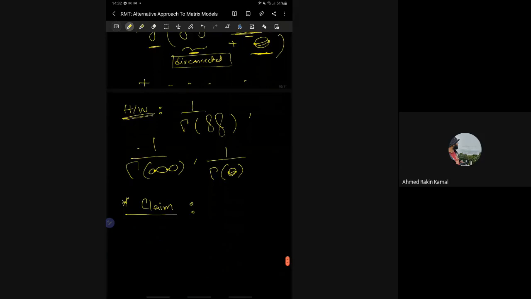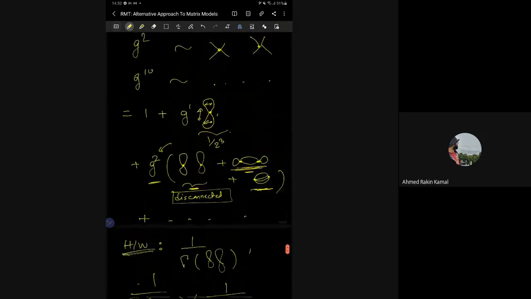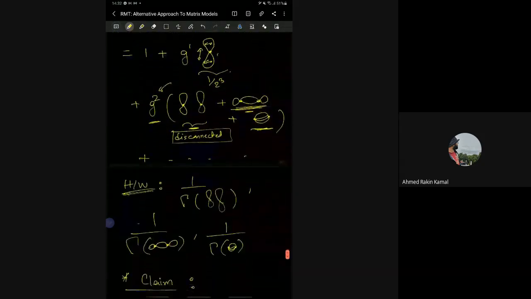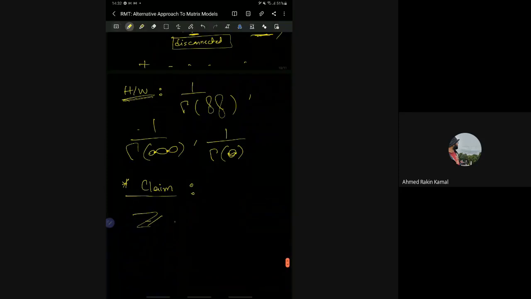So I claim that the function I defined, this one, is the partition function.